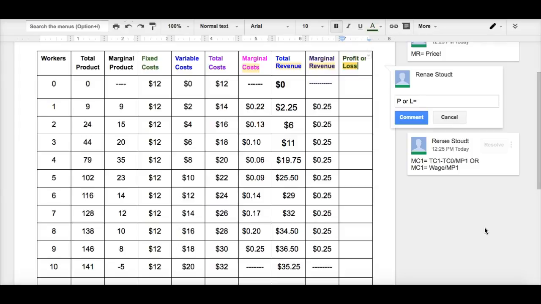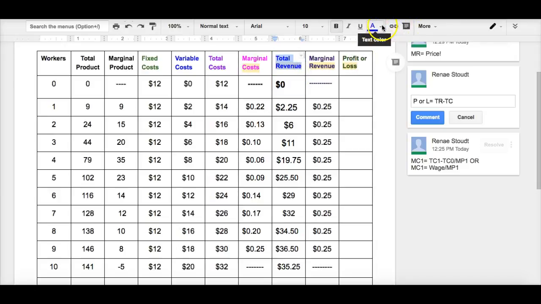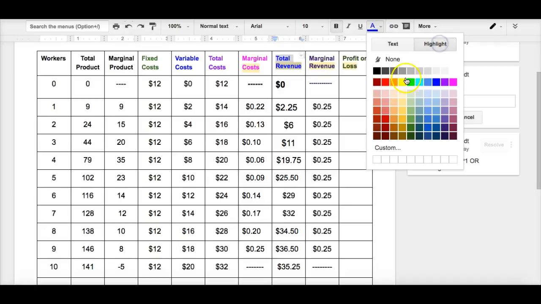So what are those two columns? Hopefully you said total revenue minus total cost. So we're looking at this column here and this column here. Actually, I'm going to see if I can highlight these. There we go.